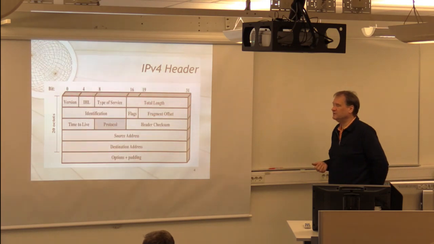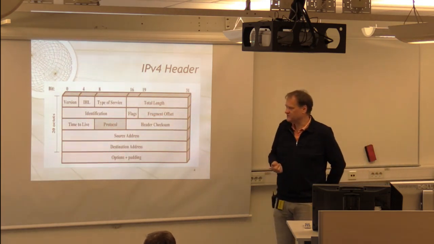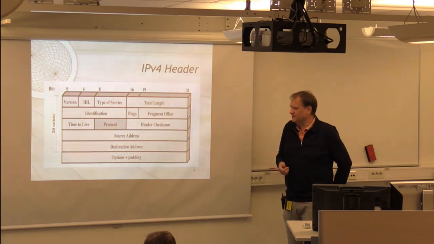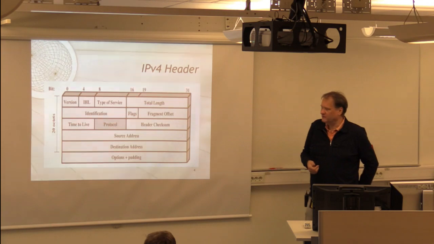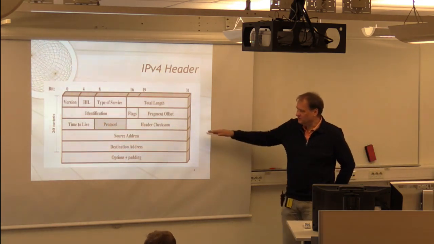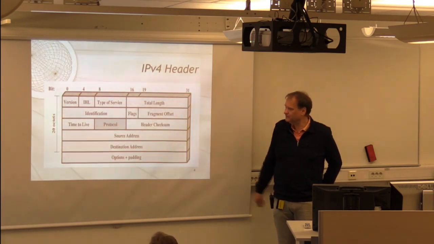One of the reasons why we have changed to IP version 6 is to reduce some of the headers here. But we have some that are important when we talk about security in this context now. We have the source and destination address. That's where we aim to go.